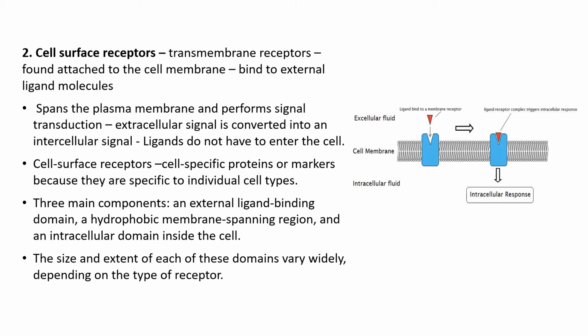There are three main components in a cell surface receptor. The first is an external ligand binding domain, which is followed by a hydrophobic membrane spanning region, and then comes the intracellular domain inside the cell. The size and extent of these domains vary depending on the function of the receptor and also the type of the receptor.